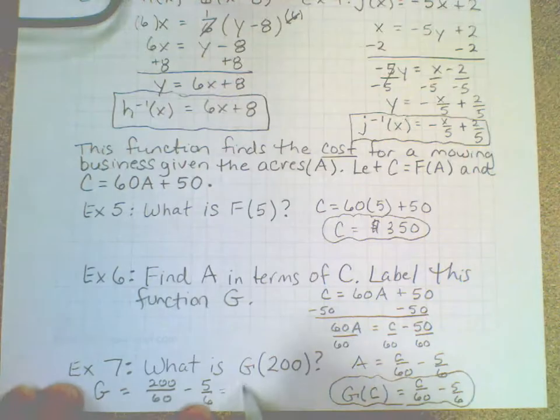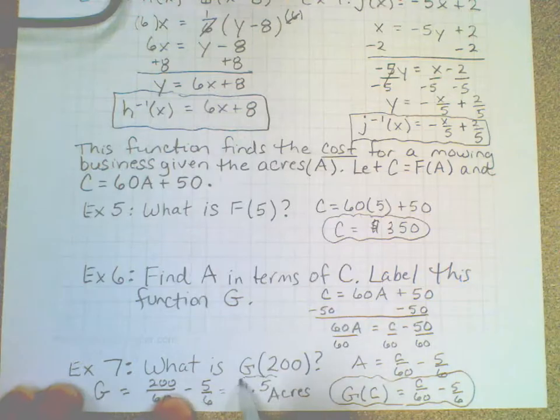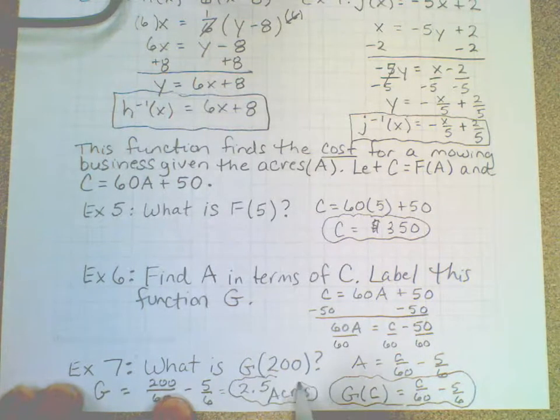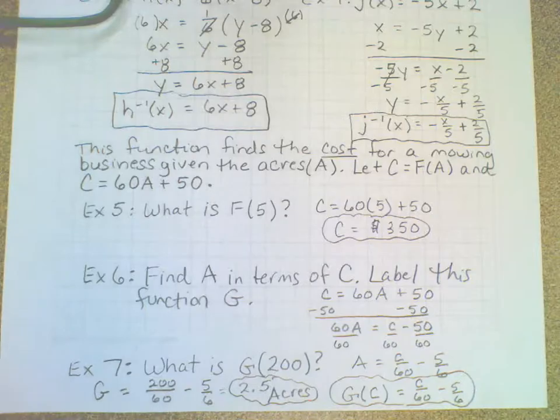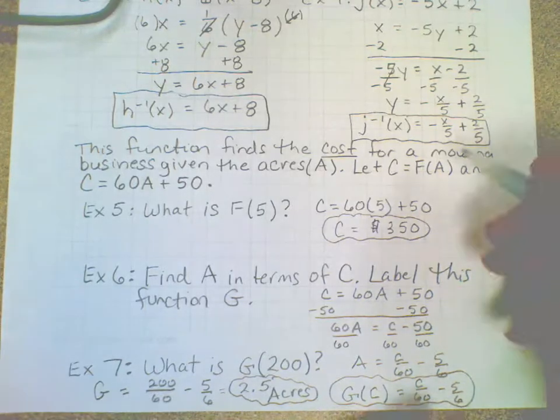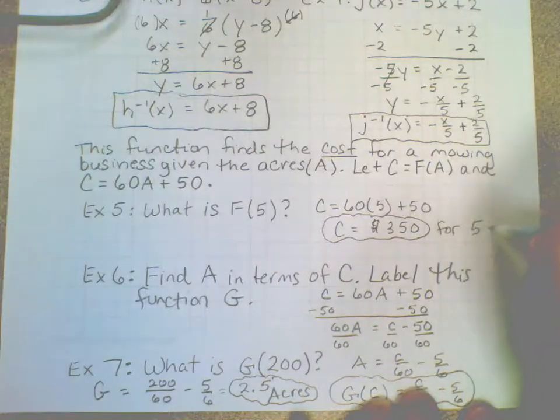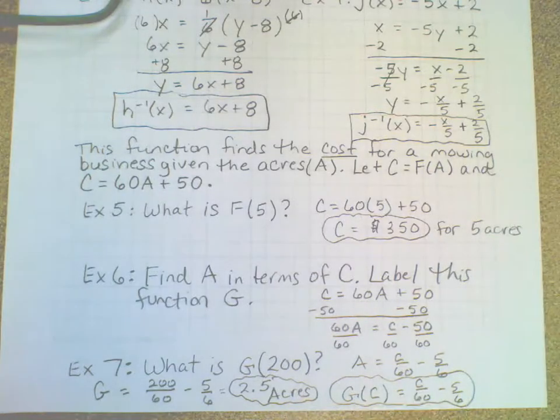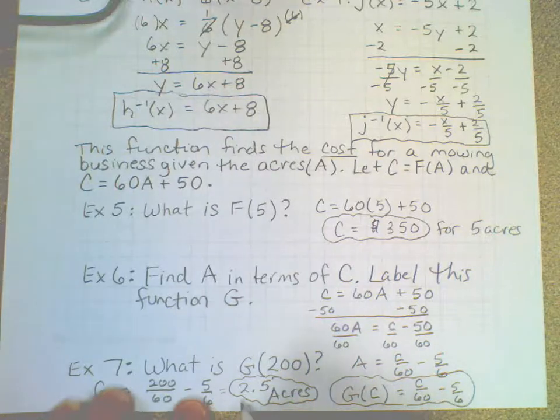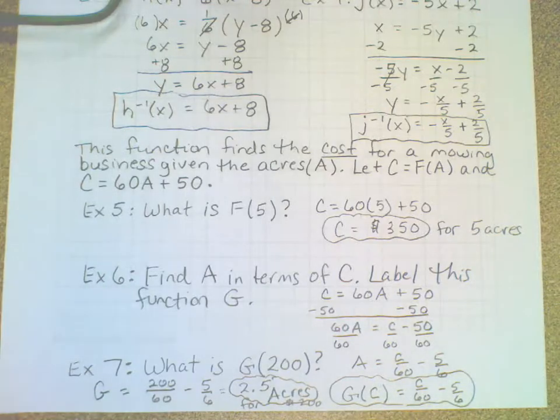So that would be 2.5 acres for $200. So this one was $350 for 5 acres. And this is 2.5 acres for $200. I mean, that's the interpretation of those. Okay, see you later.